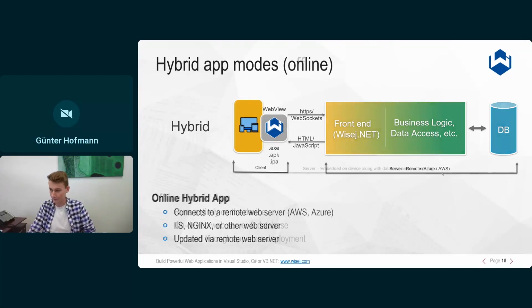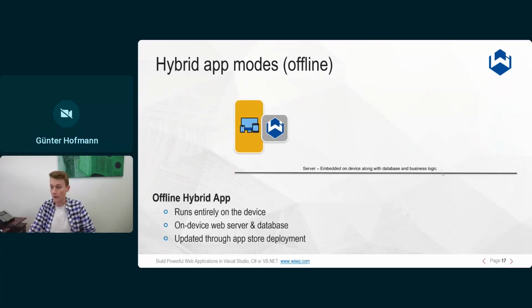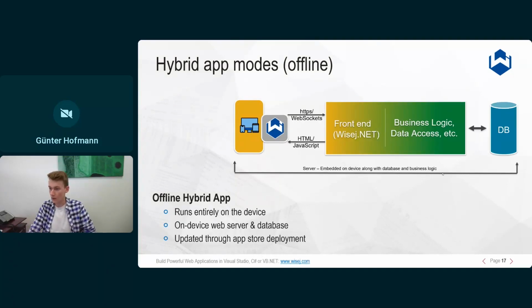And then we have WisejNet Hybrid Offline, which allows us to embed everything on the device. So now, instead of connecting to a remote web server, we have a local web server. And this is built using Embed.io, which is an open source cross-platform web server for .NET.